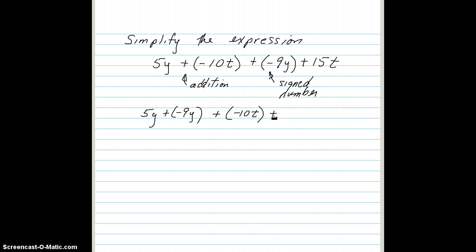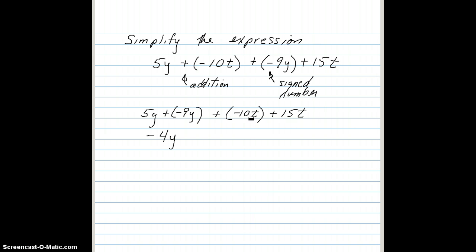I can do that because they commute, right? And now I've got 5y and a negative 9y, so they're different signs, so I'm going to subtract them and I get 4y. And then I look for the sign and I say, well, 9 is larger than 5, so this is going to be a negative. It'll take on the sign of the larger number.